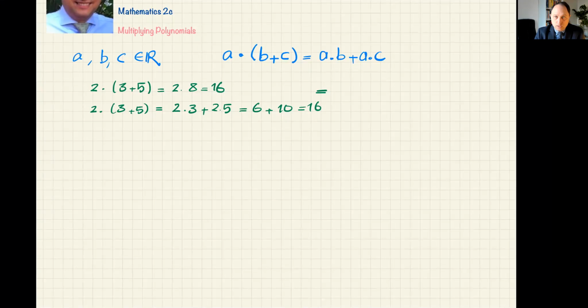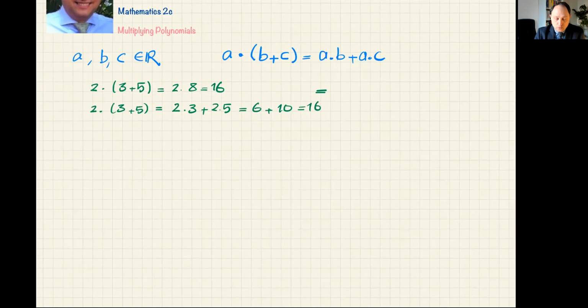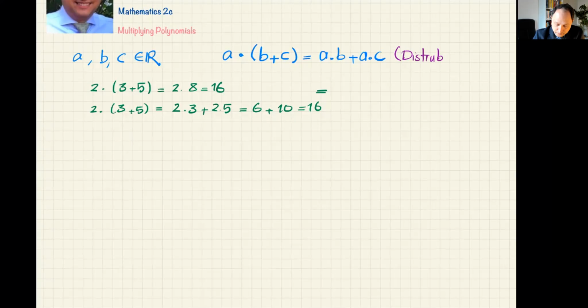One of them is b, the other one is c, so I cannot simplify this more than that. If I want to continue, there is only one way to do that, and that is using this rule, which is called the distribution rule.